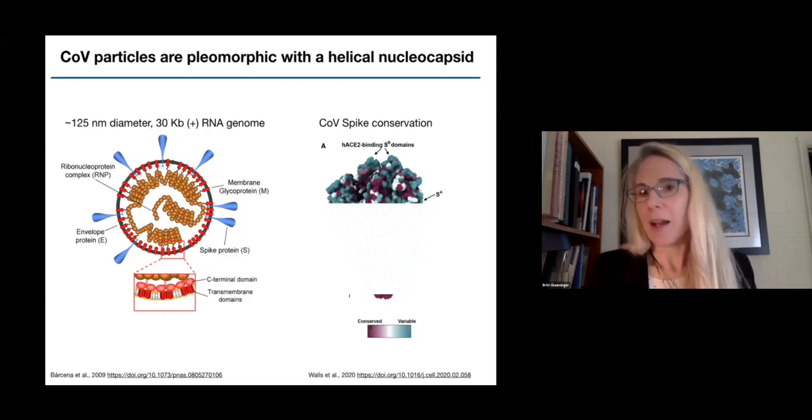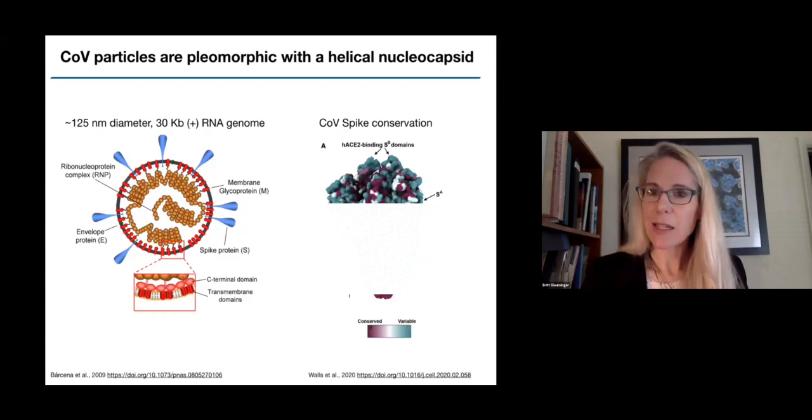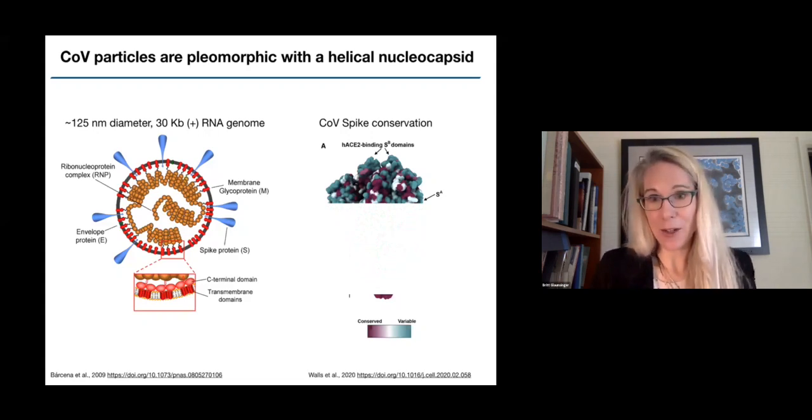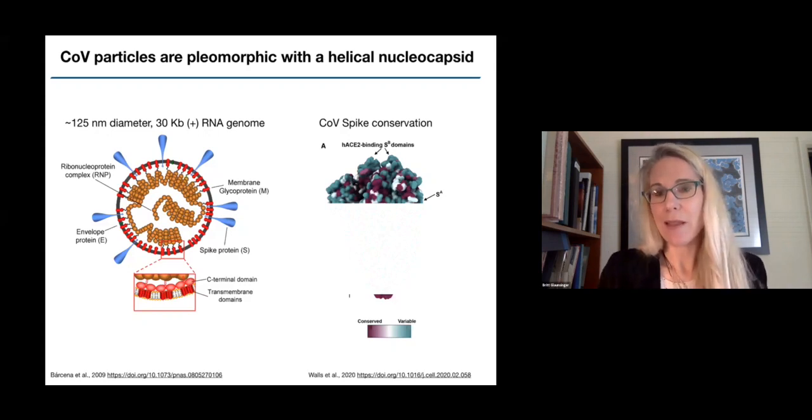And so the variable domain is the region of the protein that engages with the receptor. It's the receptor binding domain, and not at all surprising then that this would be a more variable region of the protein. This is true for pretty much all viral receptor interacting domains. They are under intense evolutionary pressure because of interactions with the immune system that cause these to generally be among the most variable regions of the viral genome.